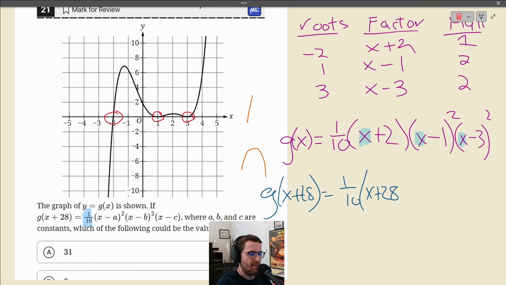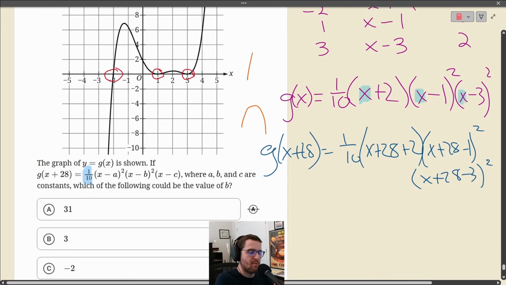You could put parentheses around that, but we're just adding and subtracting afterwards, so I don't really need parentheses, so plus 2. And then x plus 28 minus 1 squared. And then x plus 28 minus 3 squared. Again, if you wanted to add some extra parentheses, you can, just to be sure. They don't really do anything for this one. Might do things for a future one, though.